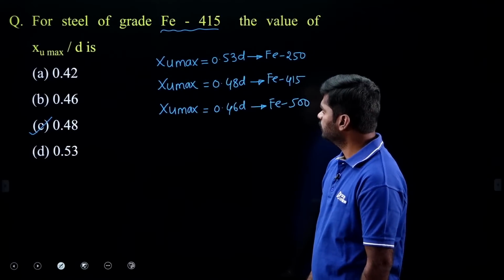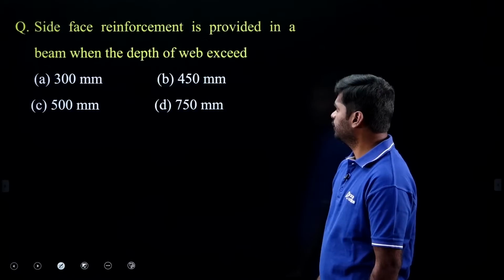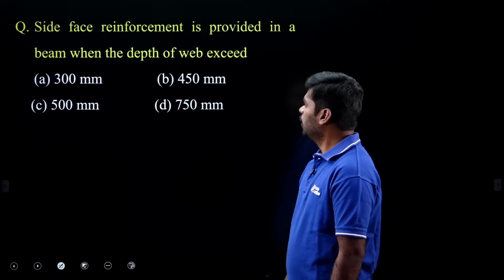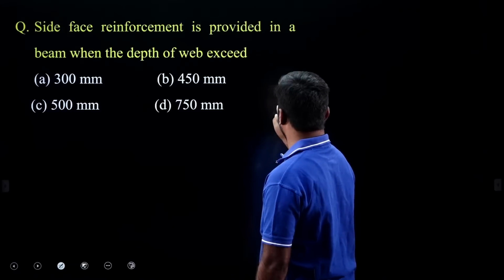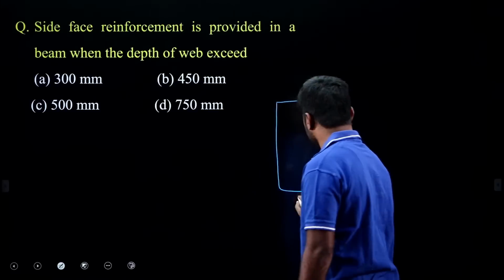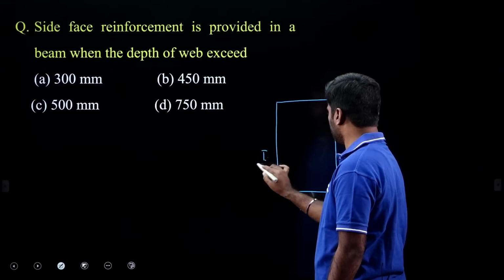Right. Next question, my dear. Side face reinforcement is provided in a beam when depth of web exceeds. So, for example, you take a beam like this. It is the width of the beam, it is the depth of the beam.